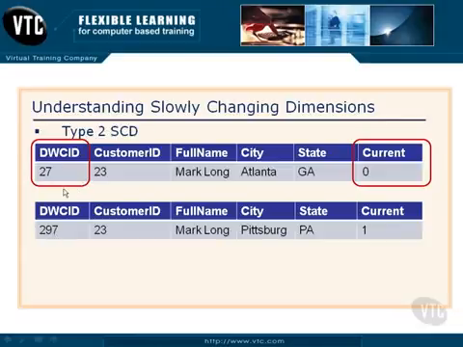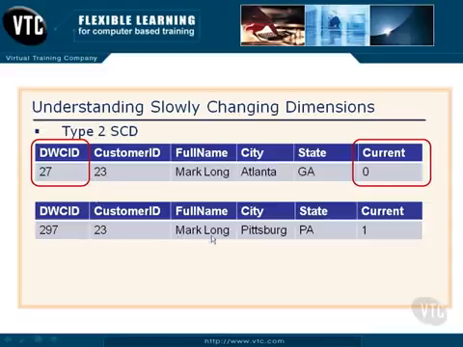So we've picked up 270 new customers, but all of a sudden, really 269, and all of a sudden I show up with a move to Pittsburgh. So we add a new line for me, and I become a data warehouse customer ID 297. Notice my customer ID is still 23, so we can see that I'm in here twice.